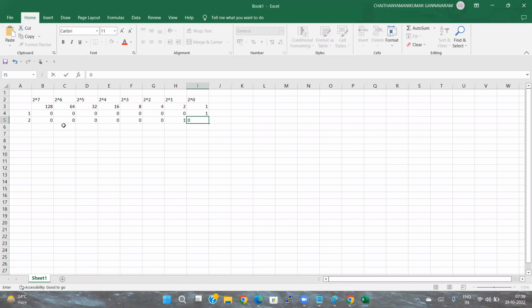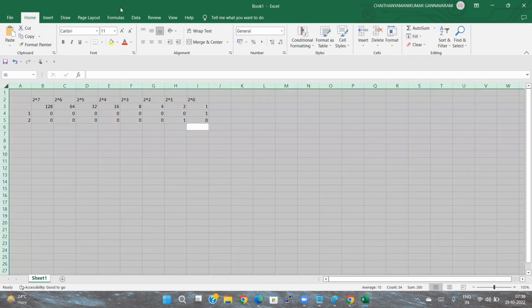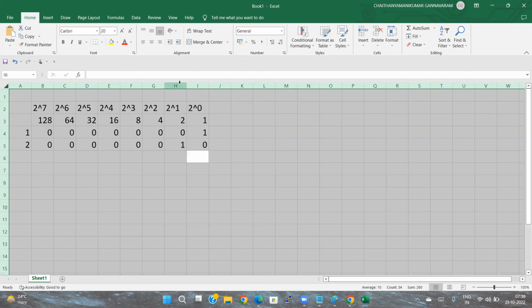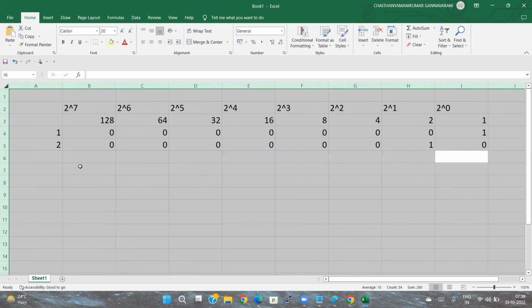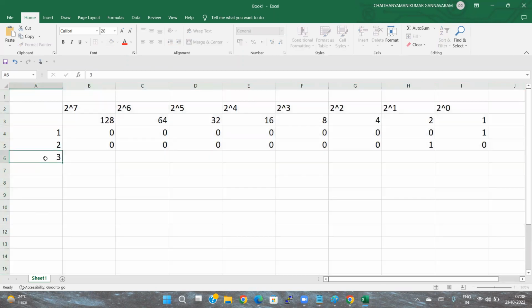Now can you tell me what is the value of 3? How can we define the value of 3? Let me do one thing. Can you tell me how a value of 3 I can get? 2 plus 1. Yeah, exactly.